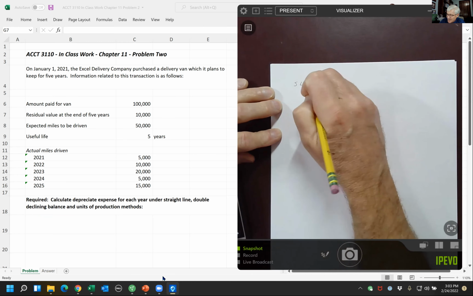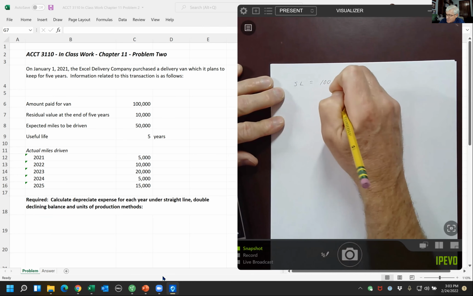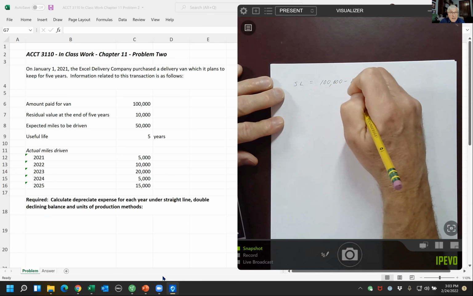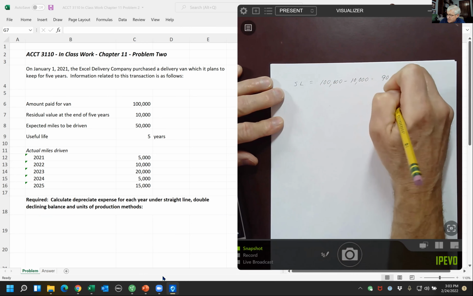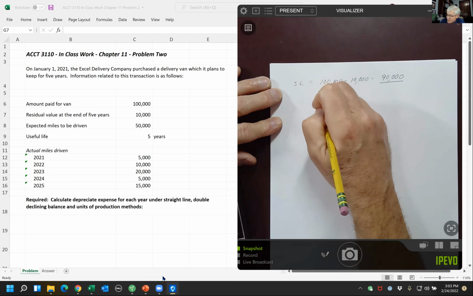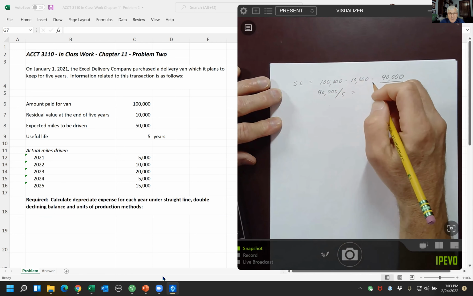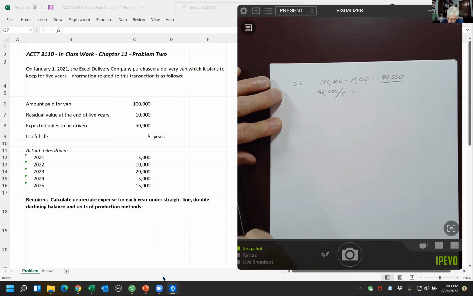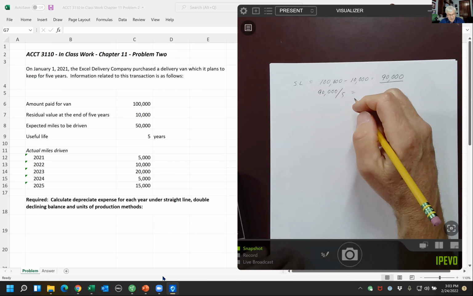So straight line equals, again, use the residual value, 100,000 minus 10,000 equals 90,000. That's the actual cost over 5 years. So each year's cost, 90,000 divided by 5, is $18,000.